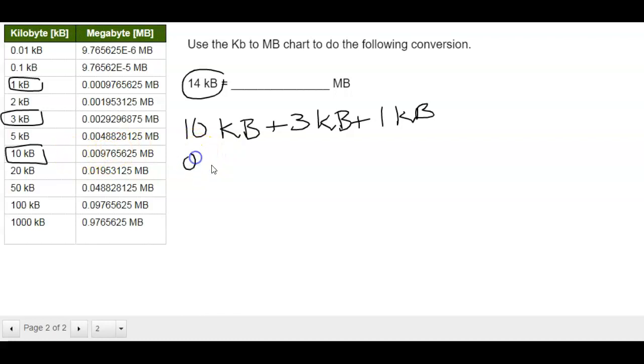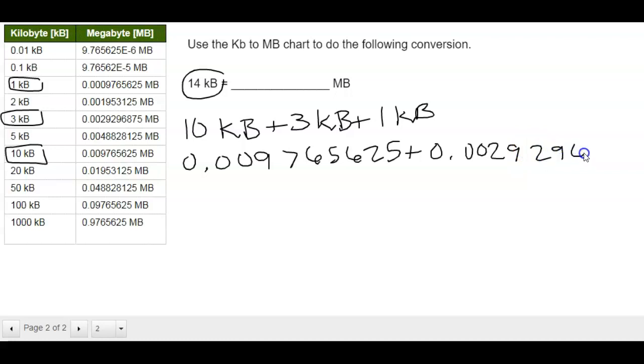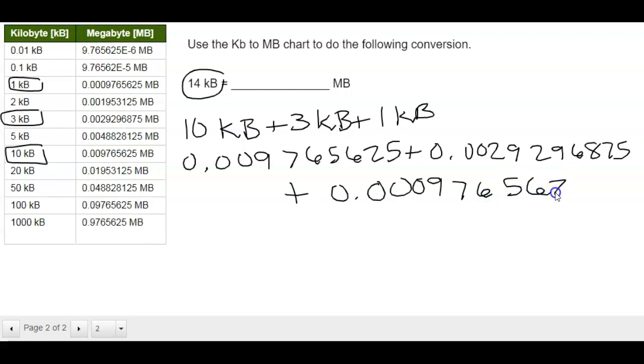The 10 kilobytes was 0.009765625. The 3 is 0.0029296875. And the 1 kilobyte is 0.0009765625.